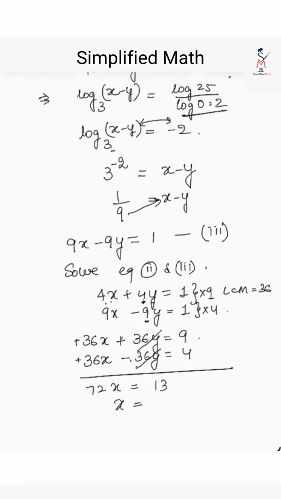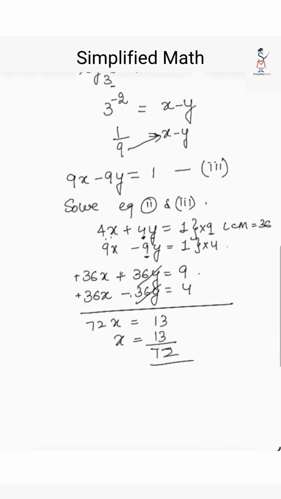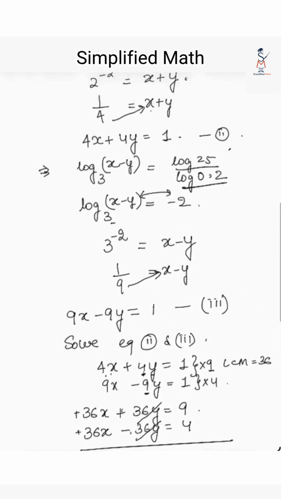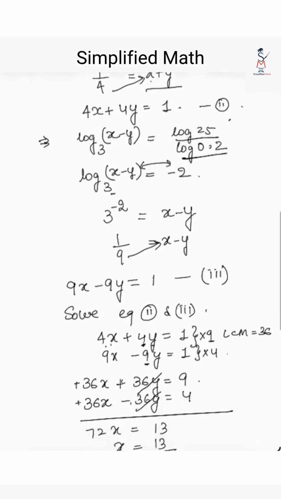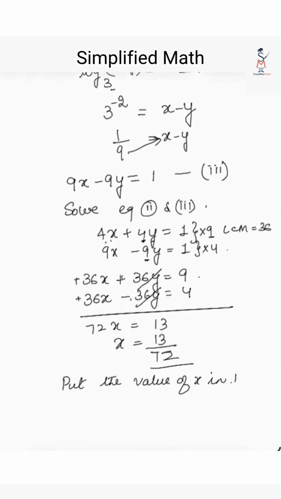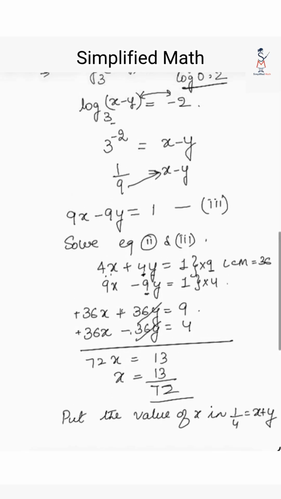So what is the value of x? It is 13 by 72, right? Now we will put the value of x in any of the equations you want. You can put it here, here, anywhere. So I am putting it in 1 by 4 is equal to x plus y in this equation.